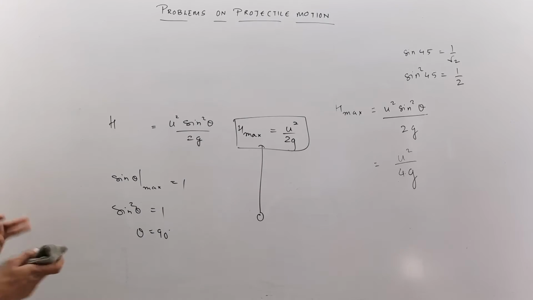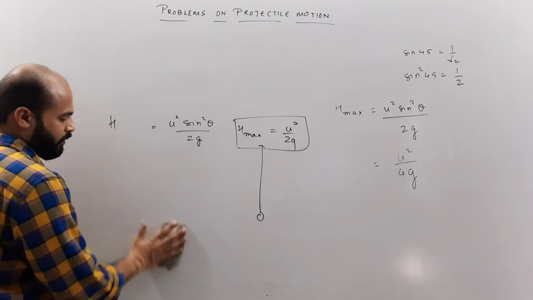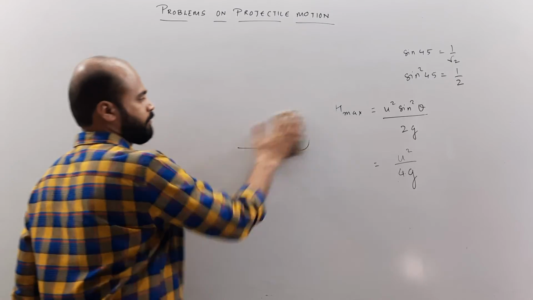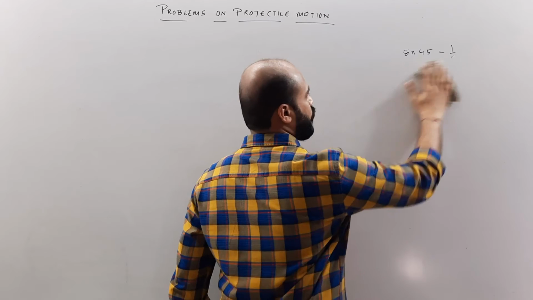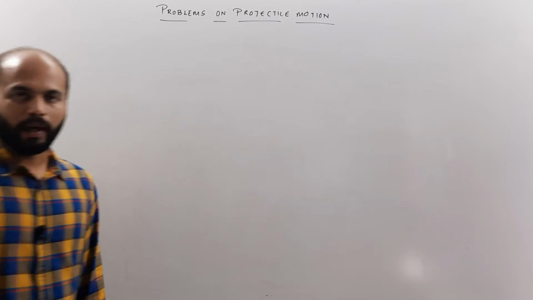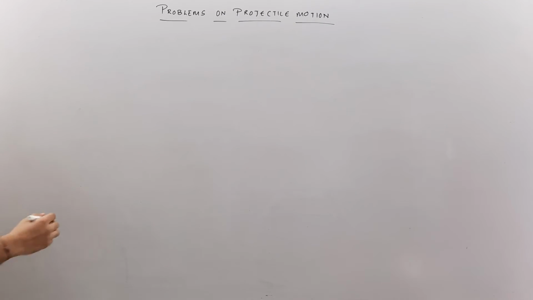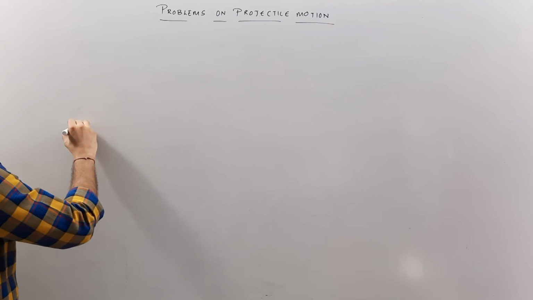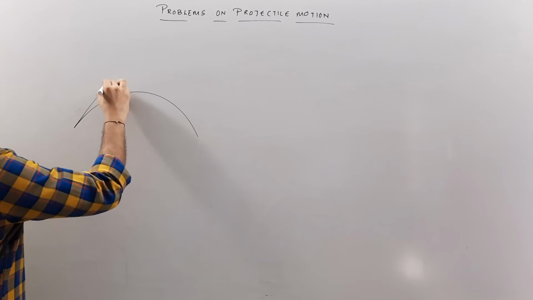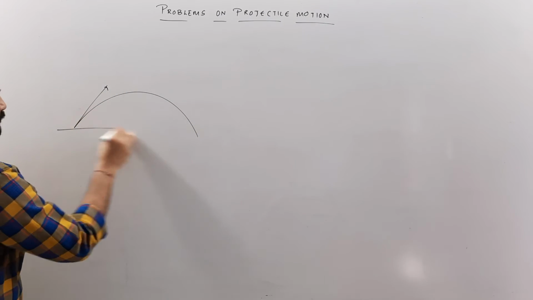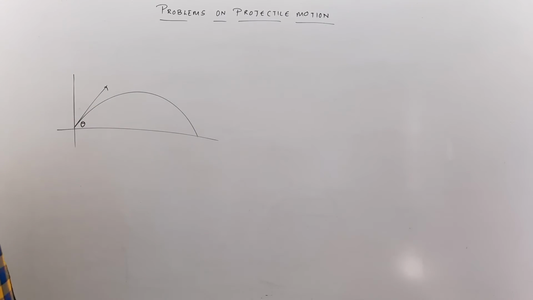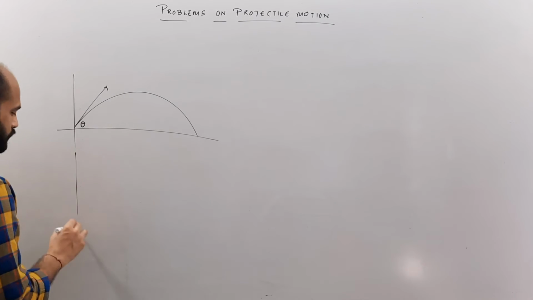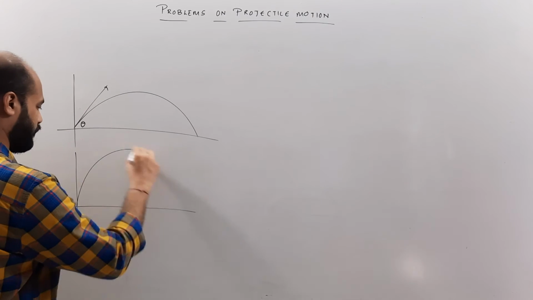Let us go to the next variation now, wherein we are firing the projectile at 2 angles. Let's say that we are firing the projectile at some angle theta, and next time we are firing it at some angle which is 90 minus theta.